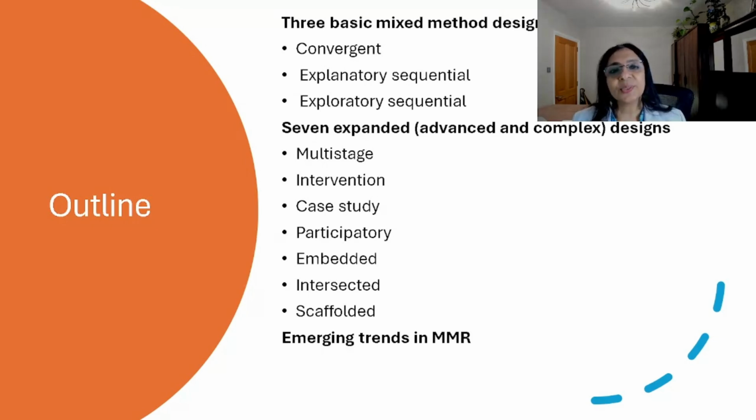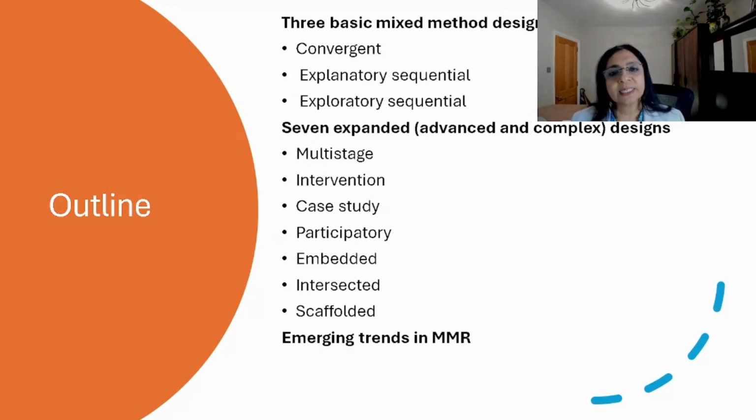The outline of today's topic is as follows. I'll be covering three basic mixed method designs, that is convergent designs, explanatory sequential, and exploratory sequential design.